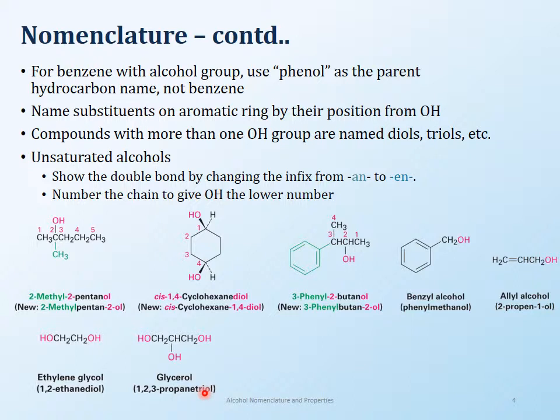The common name for this one is glycerol, and I think you must have heard of glycerol before. Once you get to more and more alcohol groups, you just have to have more numbering in there. Examples of compounds with 4 or 5 alcohol groups would be sugars, carbohydrates, for example. But anyhow, this is kind of what the nomenclature of alcohols looks like.